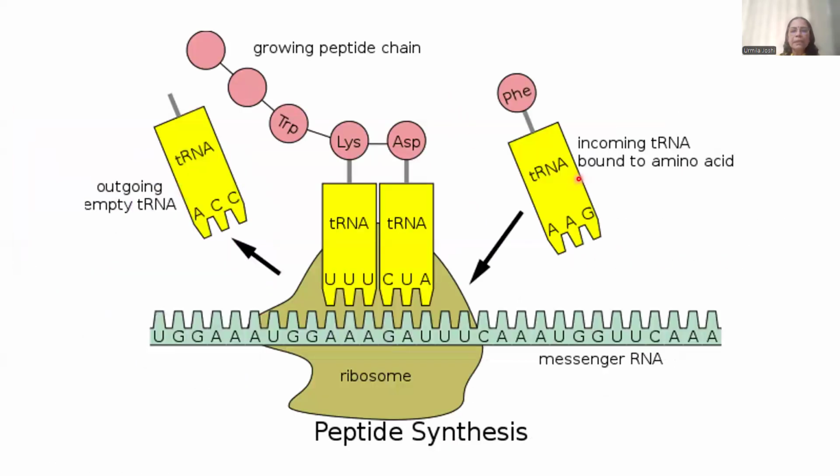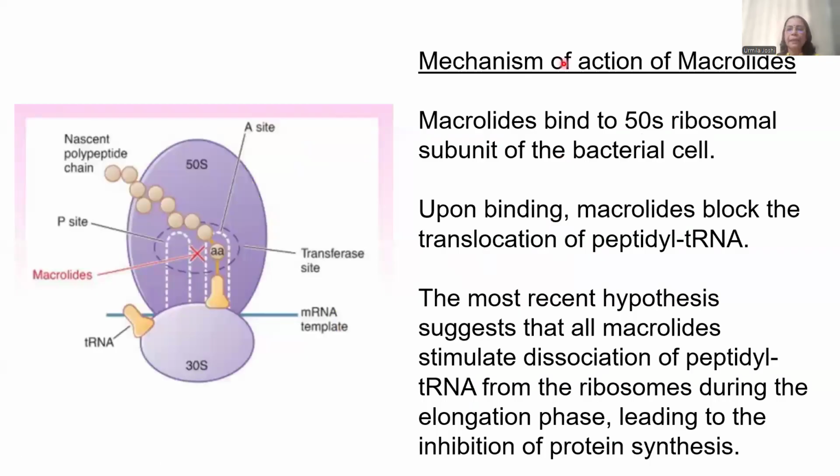Have a look at this. When this tRNA binds, this tRNA has to move. Unless this tRNA moves, this tRNA cannot bind. So this is called translocation. This translocation of tRNA is inhibited by macrolides.